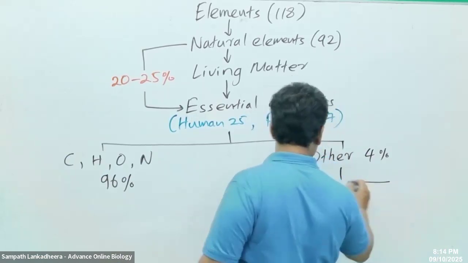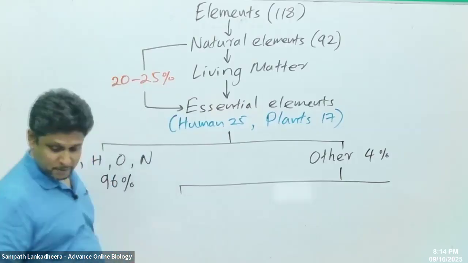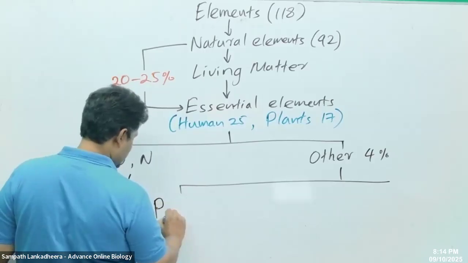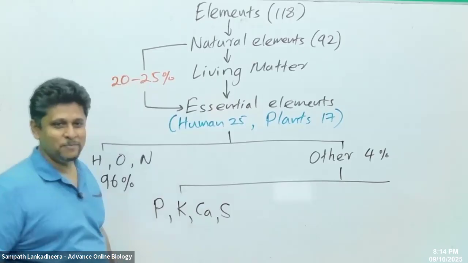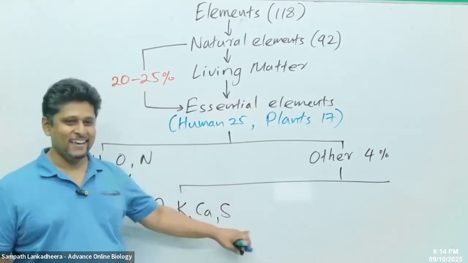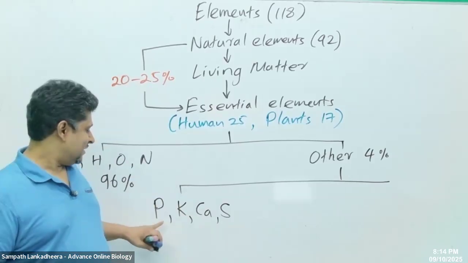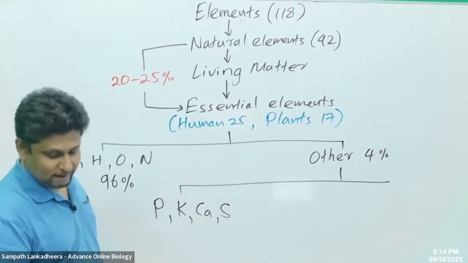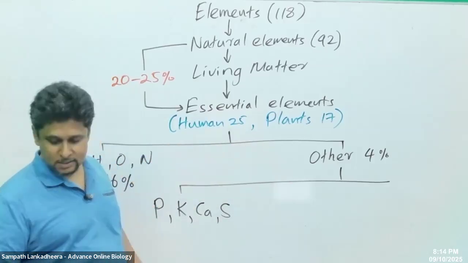We wrote it as PKCAS: phosphorus, potassium, calcium, and sulfur. From that 4%, the major ones are these four.